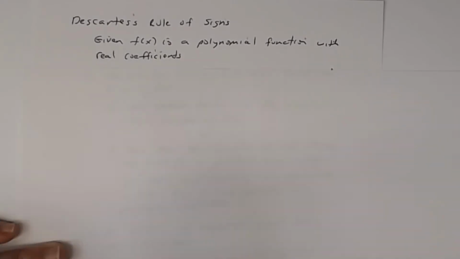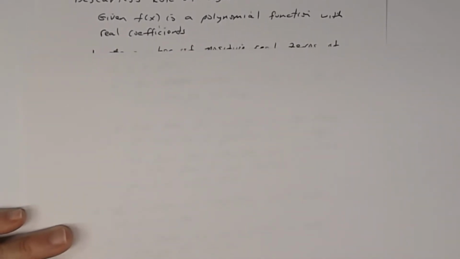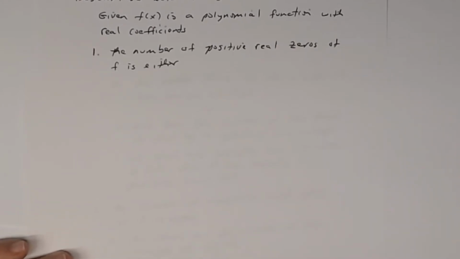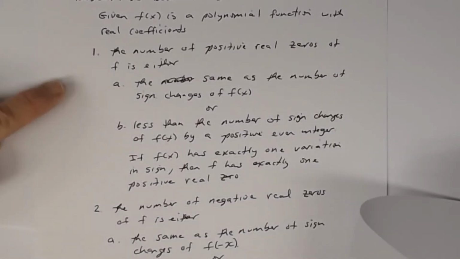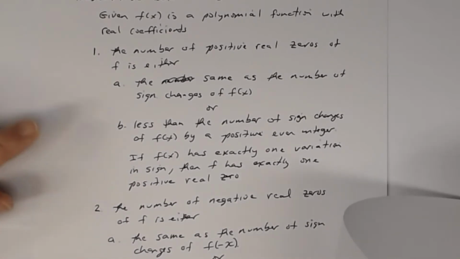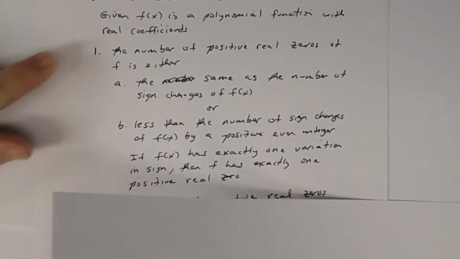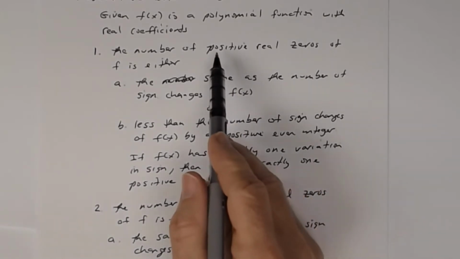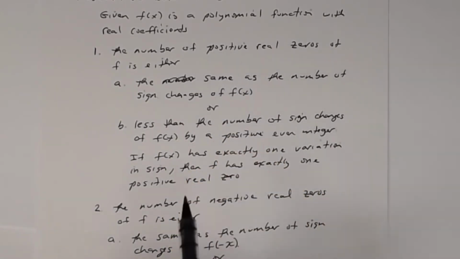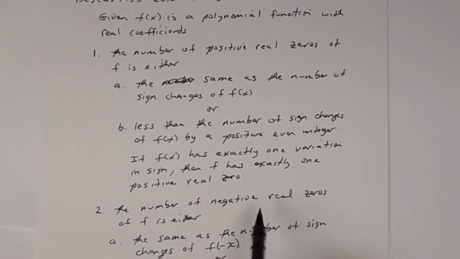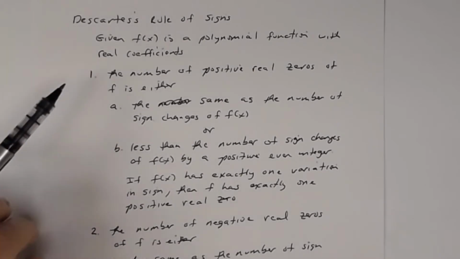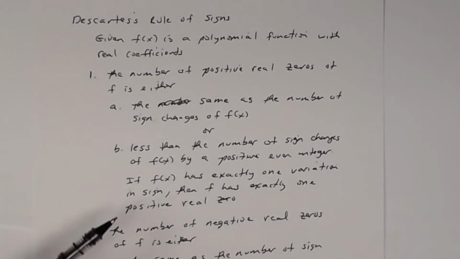So that's what we mean by real coefficients. So given a polynomial function with real coefficients, there are 2 parts to it. The first part talks about positive zeros. The second part talks about negative zeros. All right, so that's important to know. There are 2 parts to Descartes' rule of signs, positive and negative.